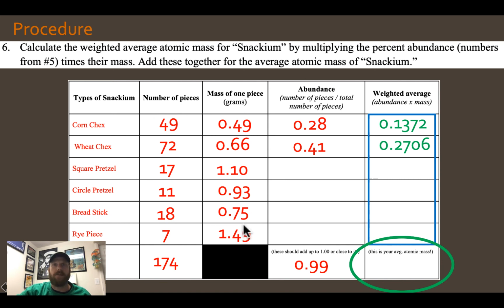So the average atomic mass should be between 0.49 grams and 1.49 grams. You can probably get even a little more accurate with your estimate. Since 41% of the Snackium consists of the wheat Chex isotope, I bet the calculated average atomic mass is fairly close to 0.66 grams.